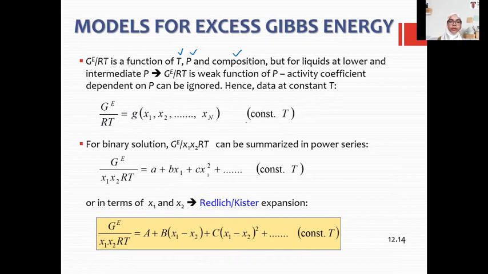For the binary solution, you can replace these to obtain the following expression, or in terms of x1 and x2, we can express it as a Redlich-Kister expansion. So we can obtain the three constants A, B, and C for the variables of components 1 and 2.